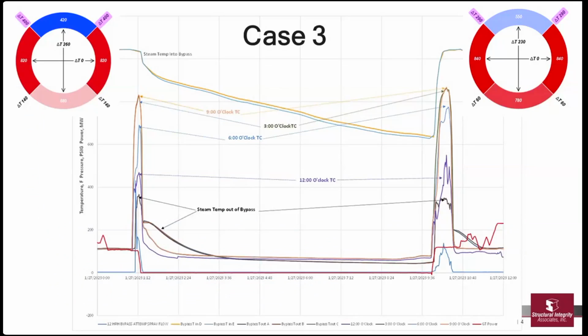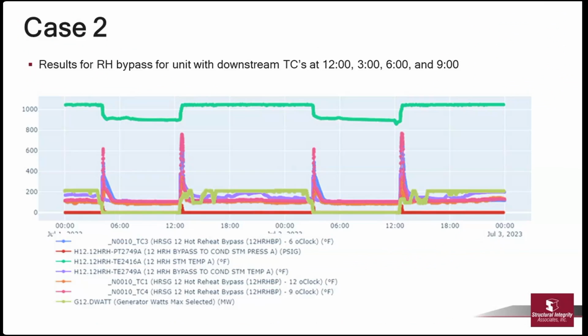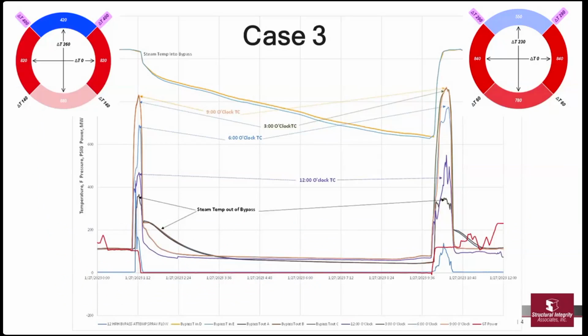So you're getting two types of stress. Go to the next one. That's good. Two types of stress to be concerned about: the rapid temperature increase, as well as the non-uniform temperatures around the pipe. And this shows both the thermocouple data and also the plant operational data.